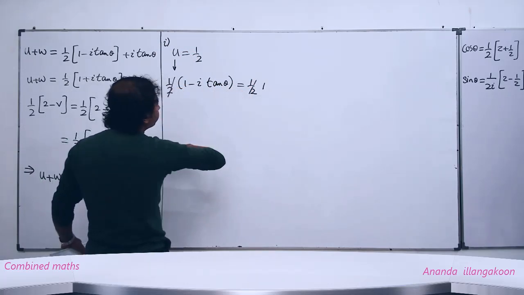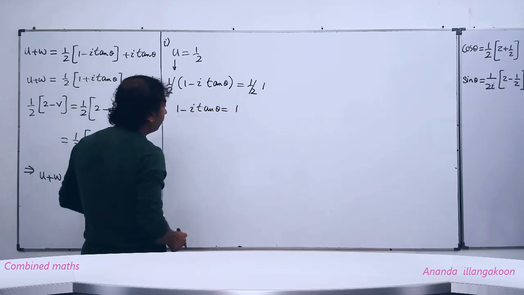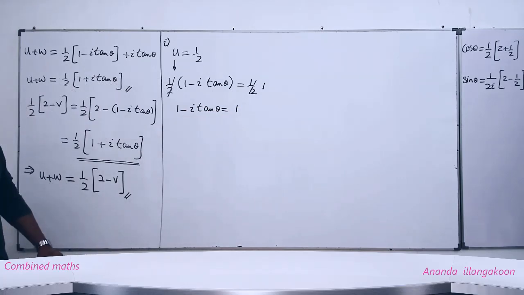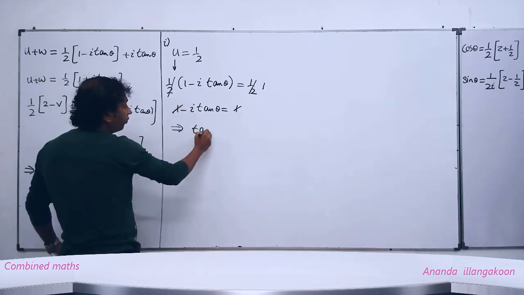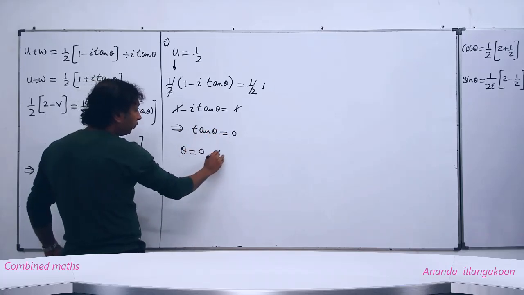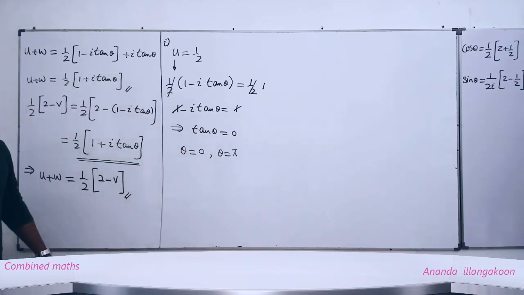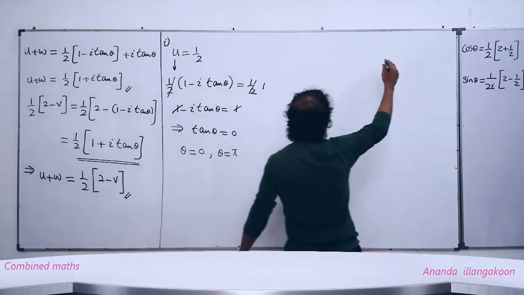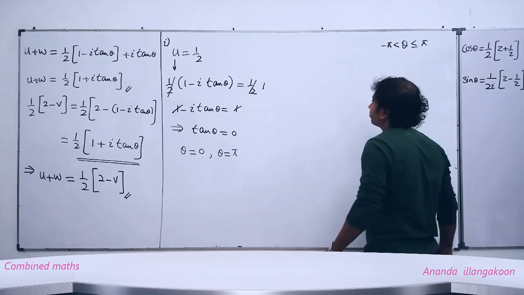You get 1 here. 1 minus i tan theta is, people, it's 1. Then you can very clearly see this 1 and this you can cancel down. This implies tan theta is 0. Then theta can have two answers, theta 0, theta pi, people. Because we are given this theta is in the region, in the question we are given theta less than or equal to pi, greater than minus pi, this region. Okay.